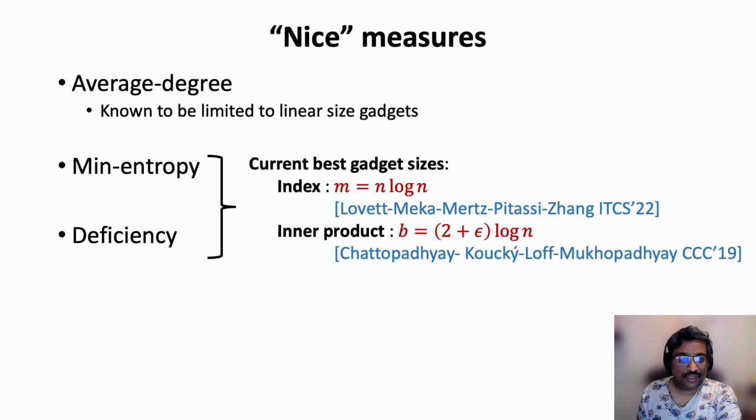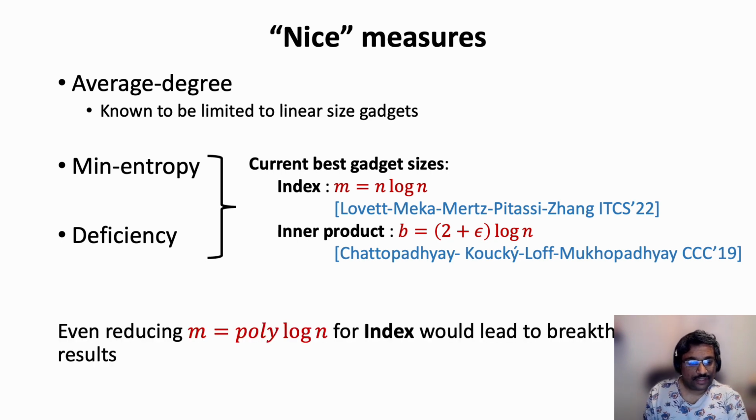And for inner product, it's an older result from CKLM from CCC 2019, and it's around theta of log n. And for index, it's almost linear. And even reducing the gadget size for index from almost linear to polylogarithmic would lead to breakthrough results. These would be breakthrough results in circuit complexity and proof complexity, for really big open problems.